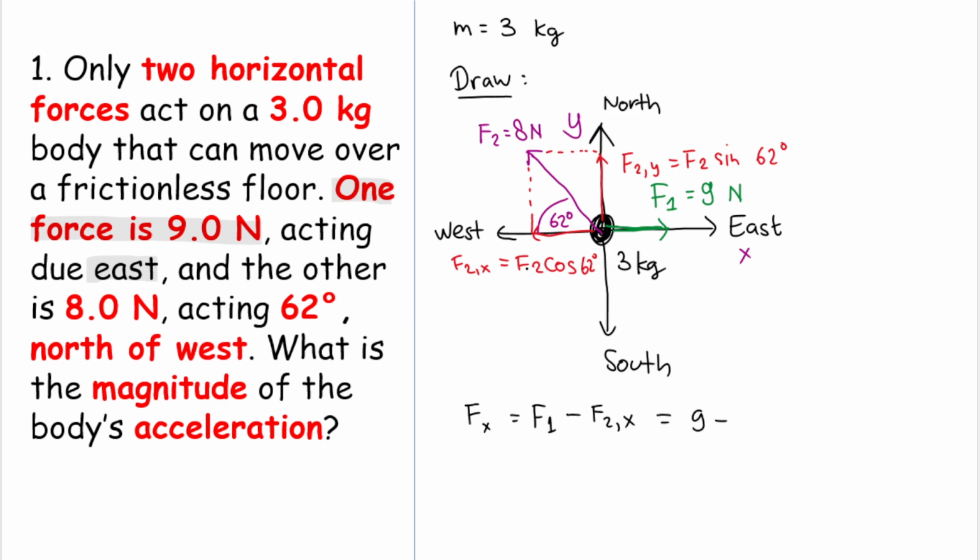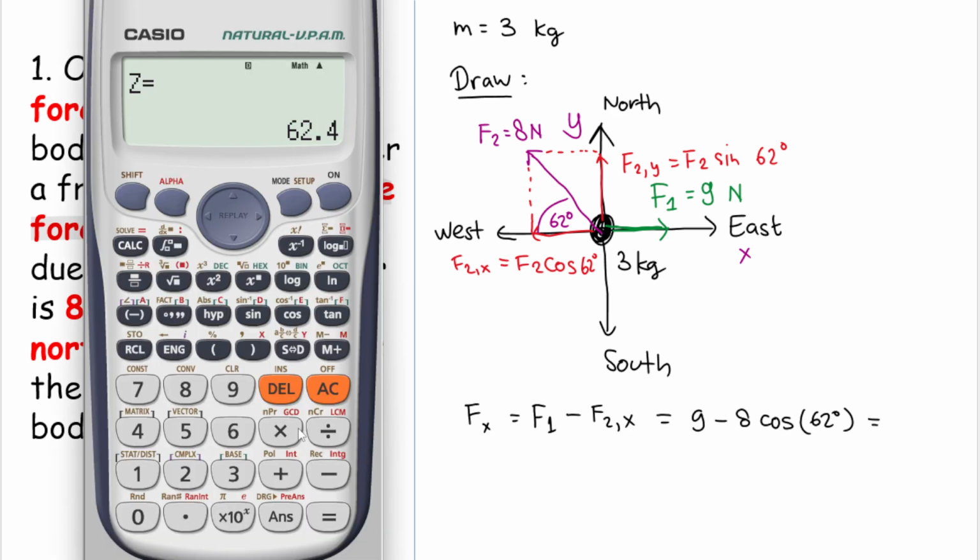And then F2 on the x direction is F2, so I will have 8 cosine 62 degrees. So in the x direction, what is it? Let's use the calculator. So we will have 9 plus 8 cosine 62 degrees.